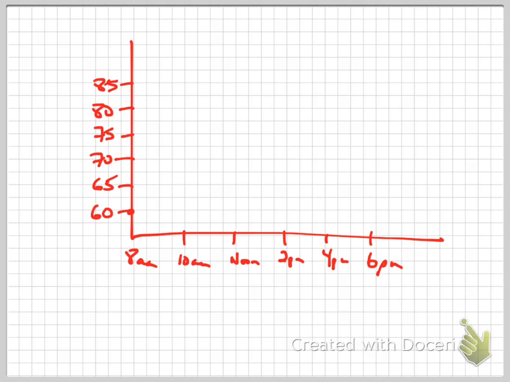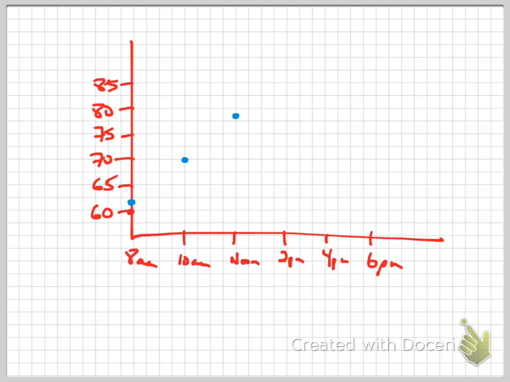And so what they do is they show that, okay, this is the chart. At 8 a.m. it went like this. It was right there. And then at 10, they looked on their chart and it was right here. And then at 12, it's right there.